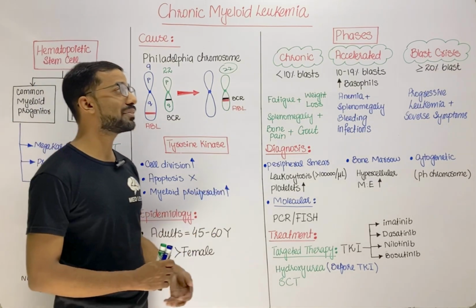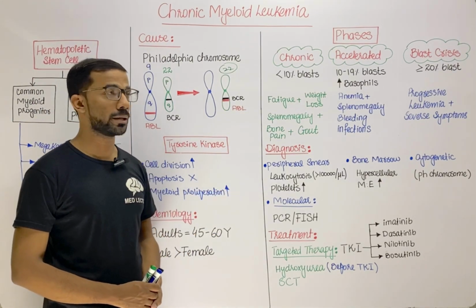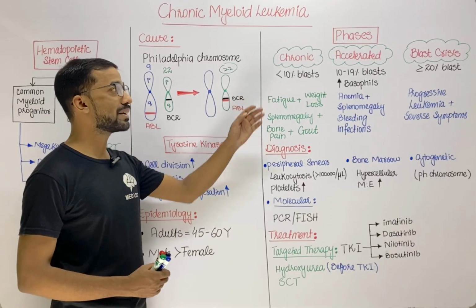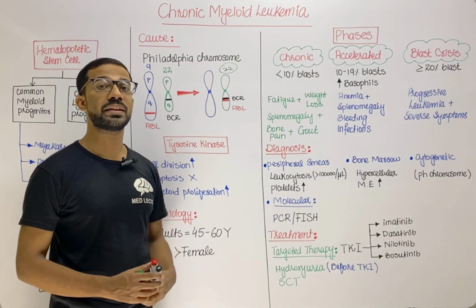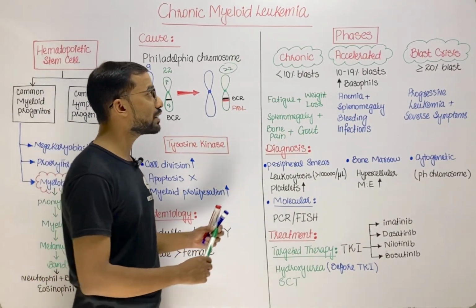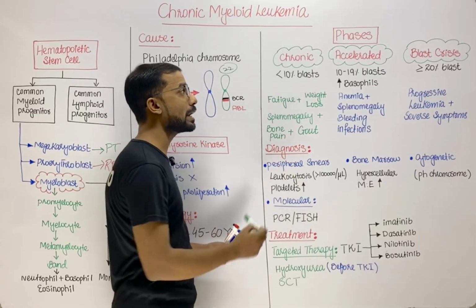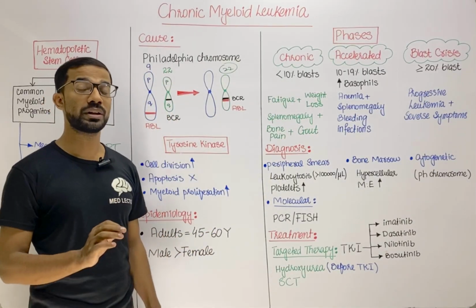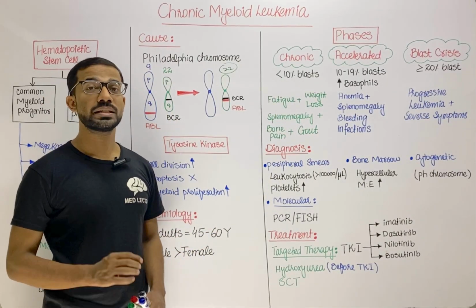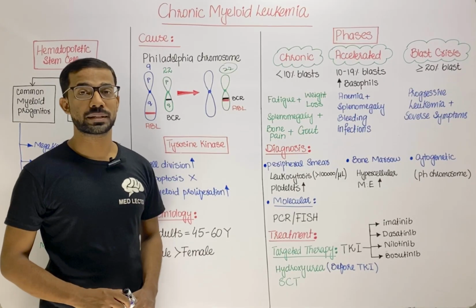Next, we will look at the phases of chronic myeloid leukemia. You will see three phases: the chronic phase, the accelerated phase, and the blast crisis. In the chronic phase, you will see less than 10% blasts, but in acute we see greater than or equal to 20% blasts.